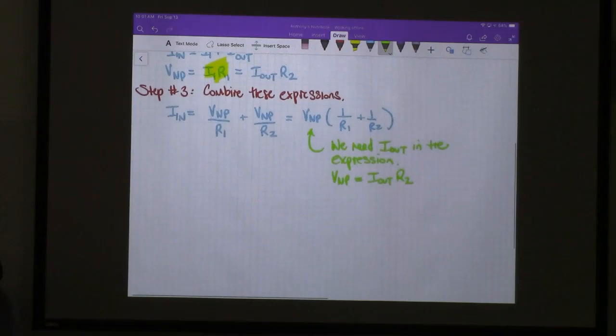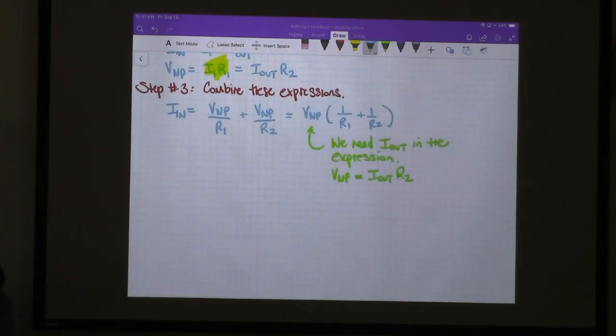So we'll push that back into our expression. And that essentially gives us R2 over R1 plus R2 over R2. We can get our I out over I in.